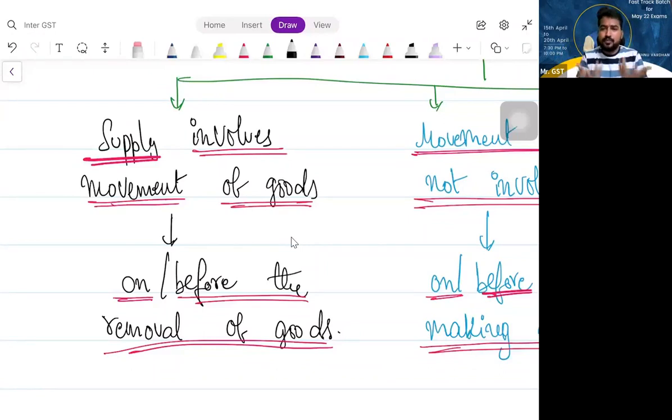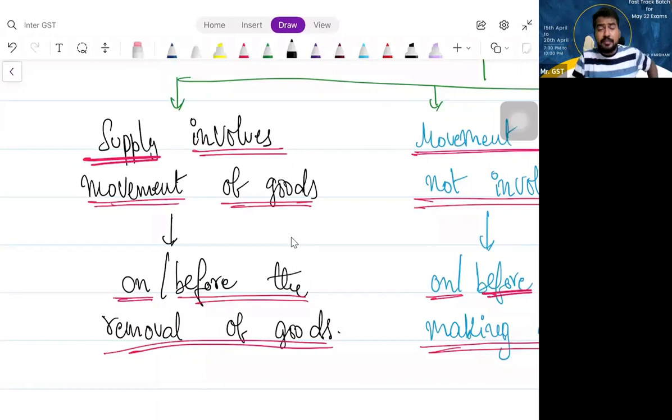Obviously, yes. I cannot purchase an iPhone for 1,99,000 and keep it with the store people only. So of course, the mobile has to be moved. Whenever I purchase anything, whether Apple phone or Apple fruit, there is movement of goods, correct?